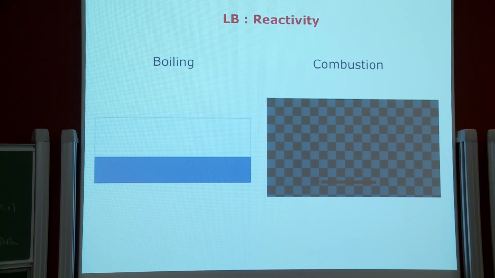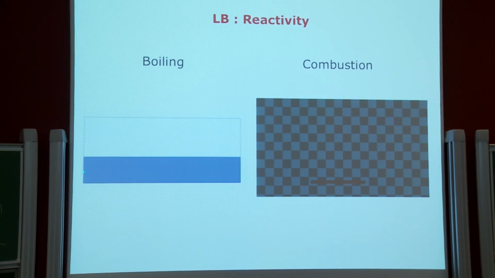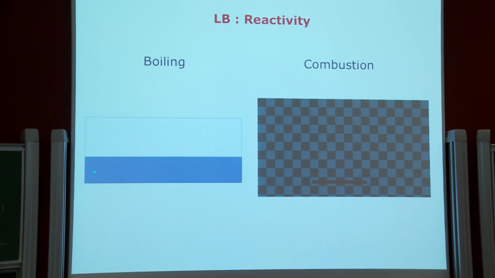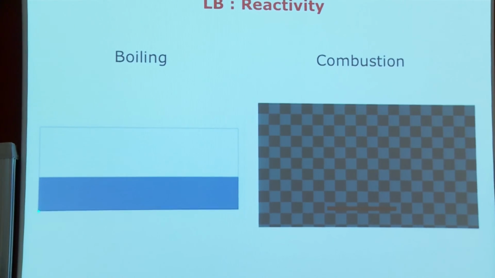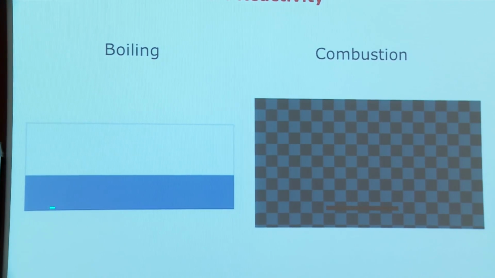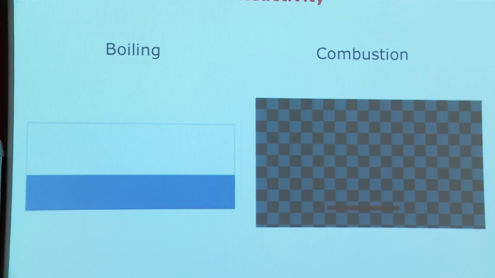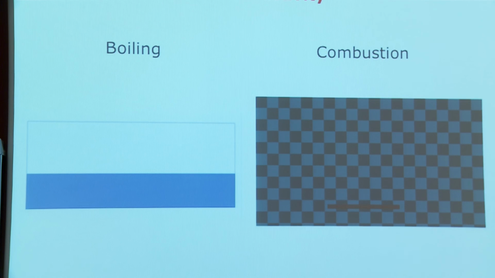But just to show you that you can simulate very complex systems, here you will see the boiling of a fluid. So you have a non-thermal Lattice-Boltzmann, and you impose a large temperature on the bottom part. And then this will induce a phase separation at the boundary.